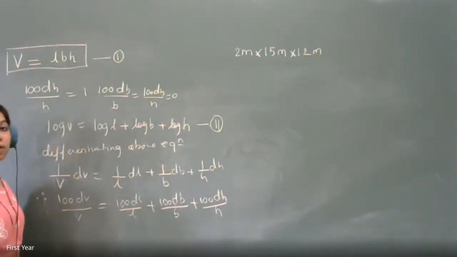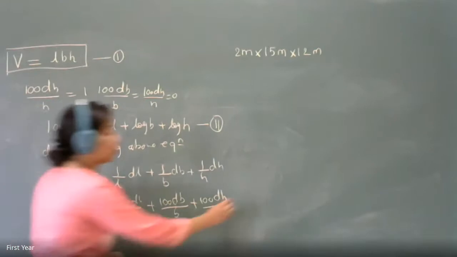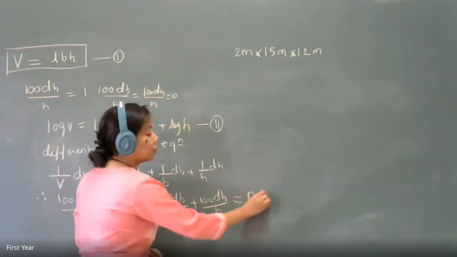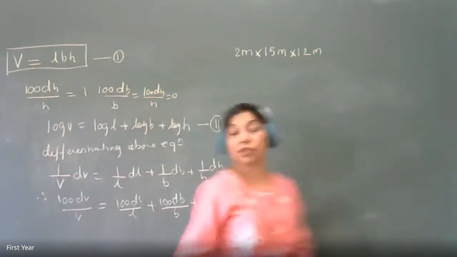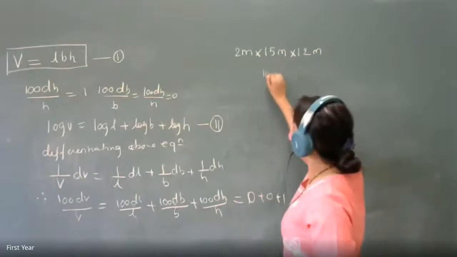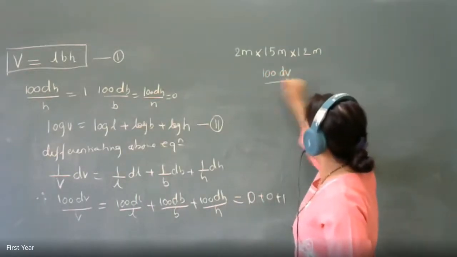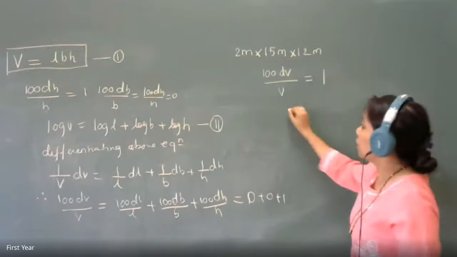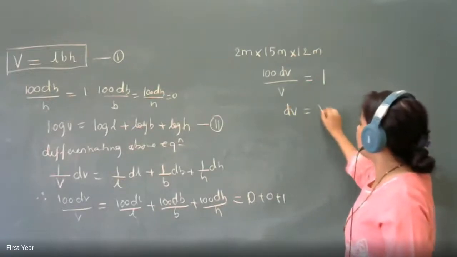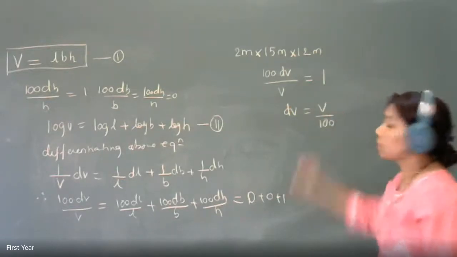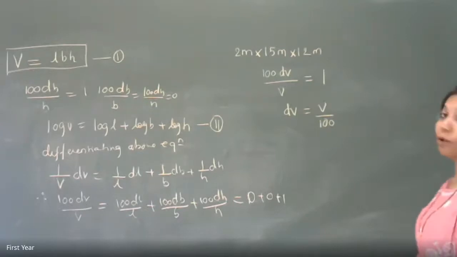First term and second term are 0, only the third term is there, which is 1. I'll write 0 plus 0 plus 1. And therefore, 100 dV by V is nothing but 1. That means what is dV? V by 100. Change in the volume is in cubic meters, obviously.